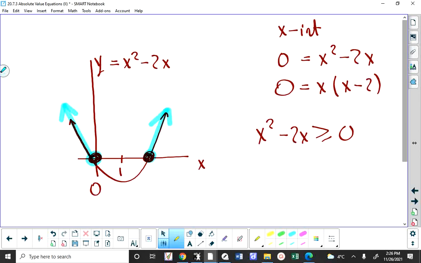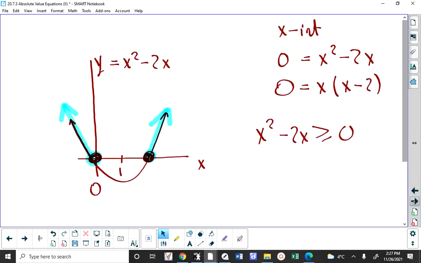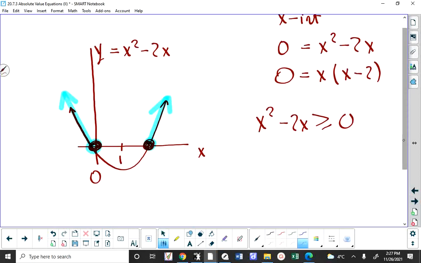But in this question we don't want to write "here, here," and we have to explain it with symbols. So where x-wise have I highlighted things? Well, I've highlighted things when x is equal to 0 or less than 0. That's the arm on the left, and this should be familiar to you.